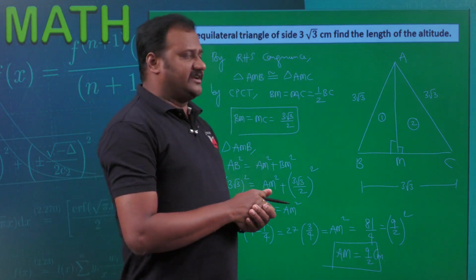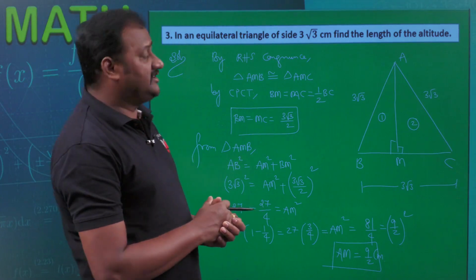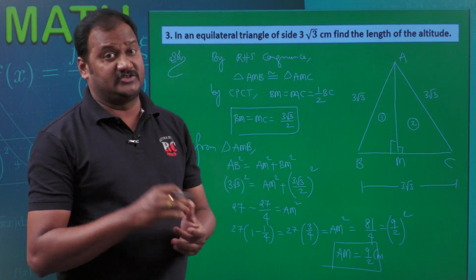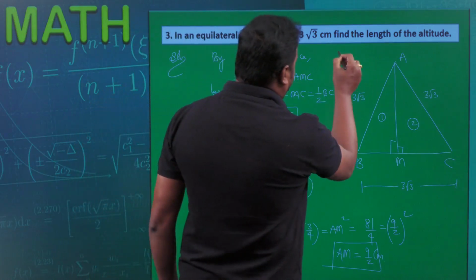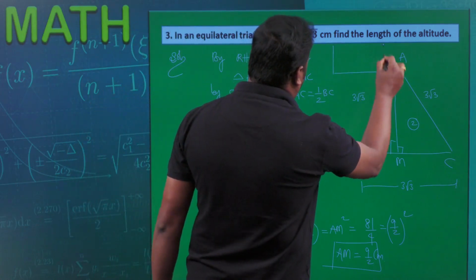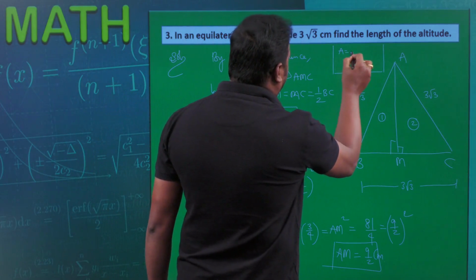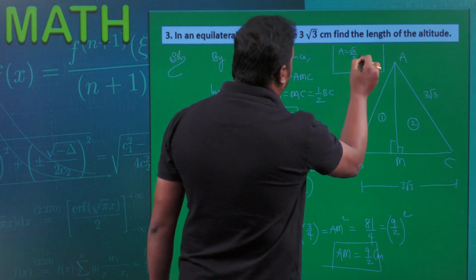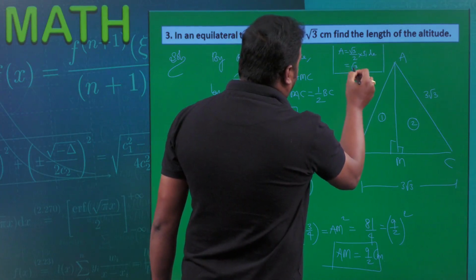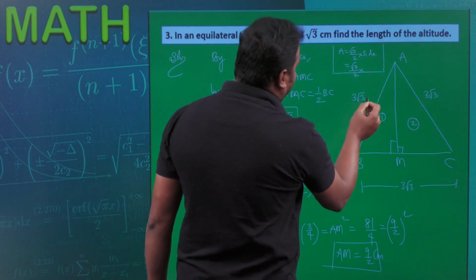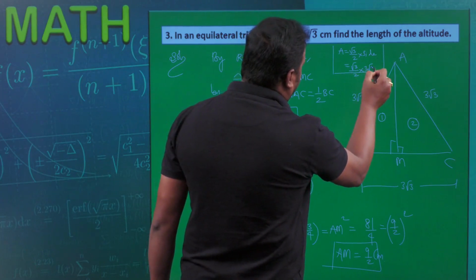But please remember one more thing: the altitude of an equilateral triangle is root 3 by 2 times its side. This is the quick way to answer the problem. Root 3 by 2 times, what is the side here? 3 root 3, correct?